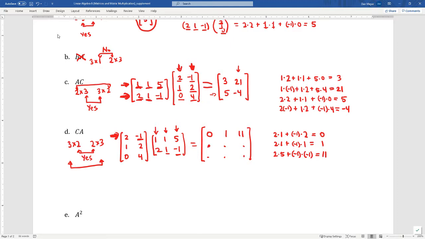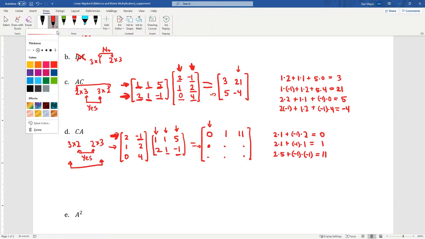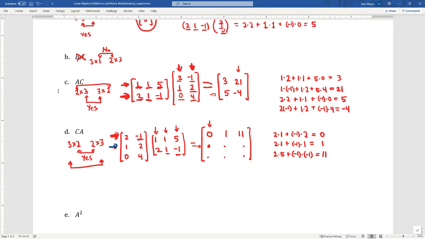We are focused now on the second row, first column of our product. So maybe I'll switch colors here just to keep myself focused. I'll take my second row of C times the first column of A. We got 1 times 1 plus 2 times 2, which is 5.